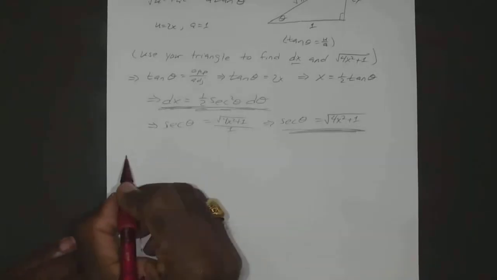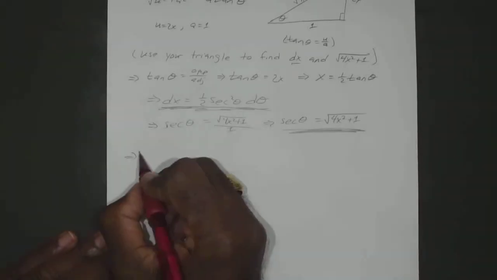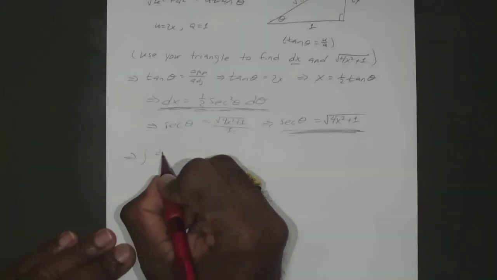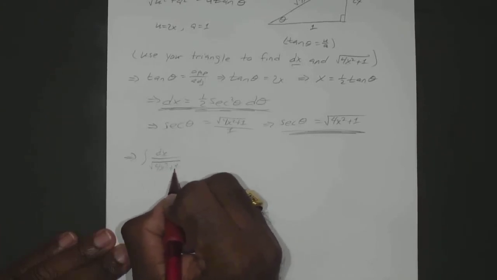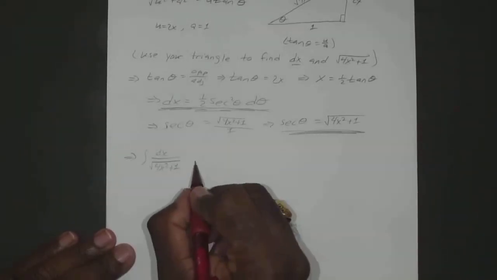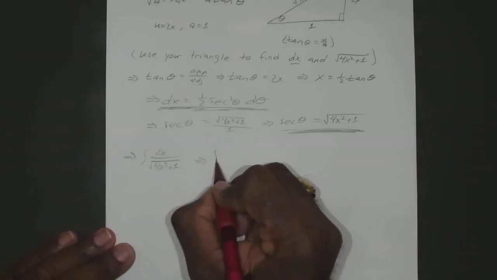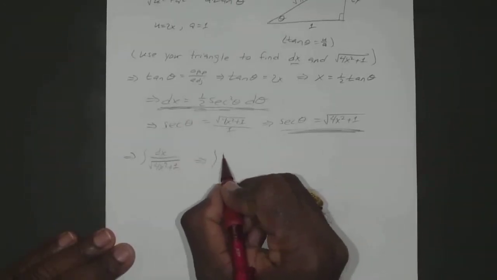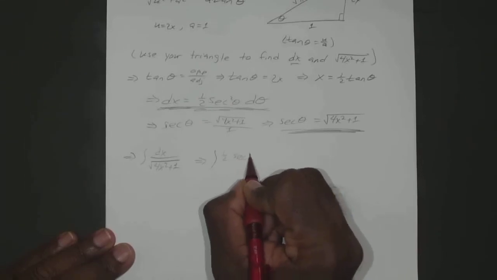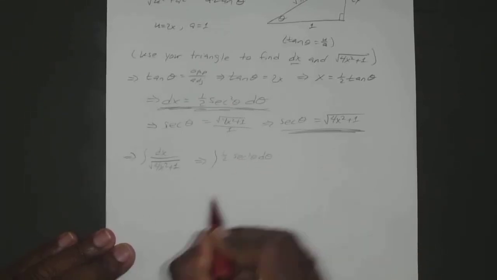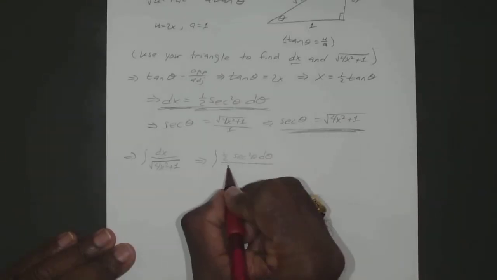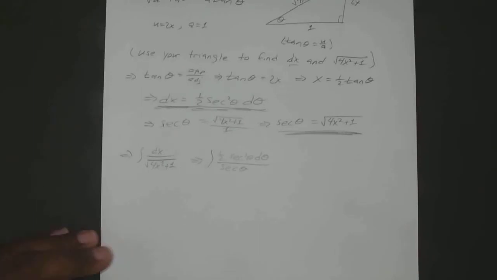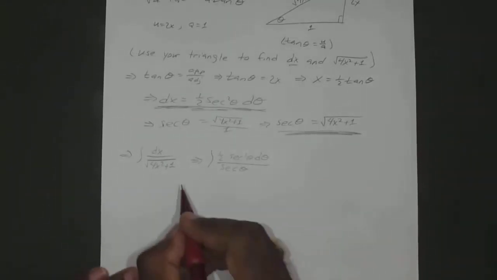All right, so now, like I said, we just start replacing stuff. So the integral of dx over square root of 4x squared plus 1, we're going to make that the integral of 1/2 secant squared theta d theta over secant theta. All right, so that 1/2 can just come right on out.